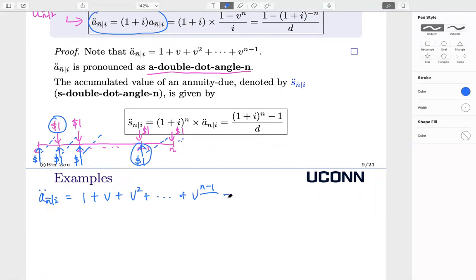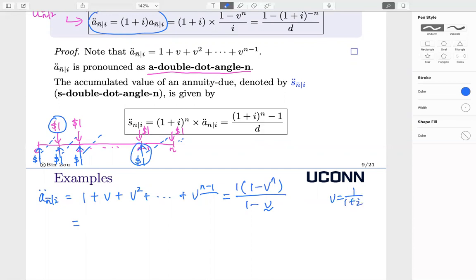So obviously, this is pretty much the same, except my first term is 1 instead of v. Right? Still, I have 1 minus v to the nth power. So if I want, I can leave it here, or I can plug in the definition for v, because v is nothing but 1 over 1 plus i.